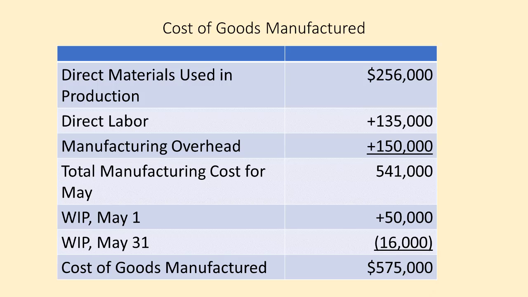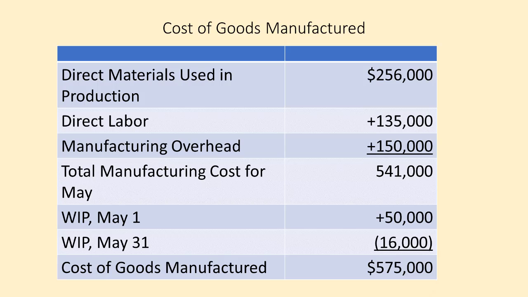So we have our total manufacturing cost for May of $541,000. On May 1st, when the period began, we know that $50,000 was still under production. We add that to $541,000. At the end of May, there was only $16,000 worth of units in production.